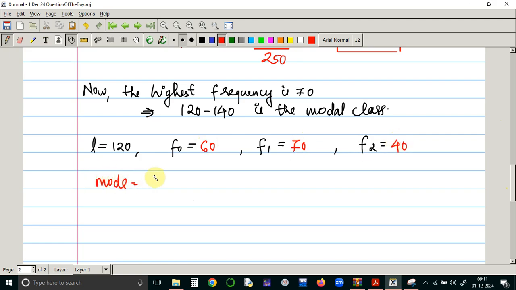So mode is L plus h times F1 minus F0 divided by 2 times F1 minus F0 minus F2.